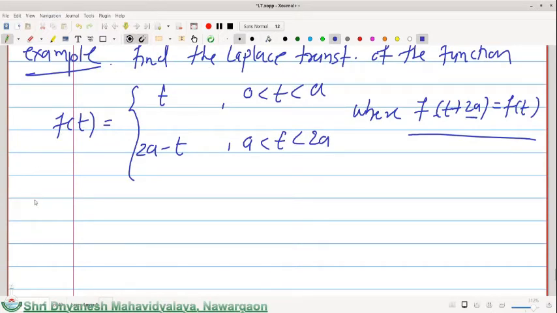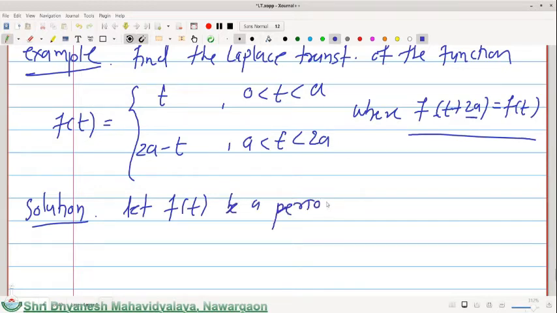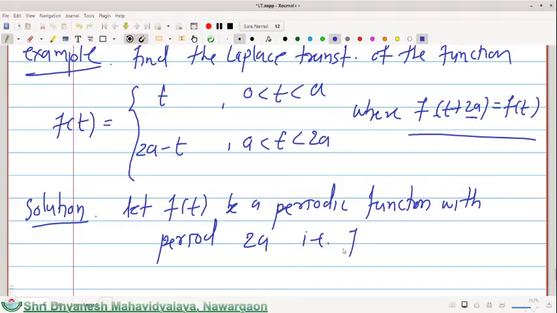Solution. Let f of t be a periodic function with period 2a, that is f of t plus 2a is equal to f of t.